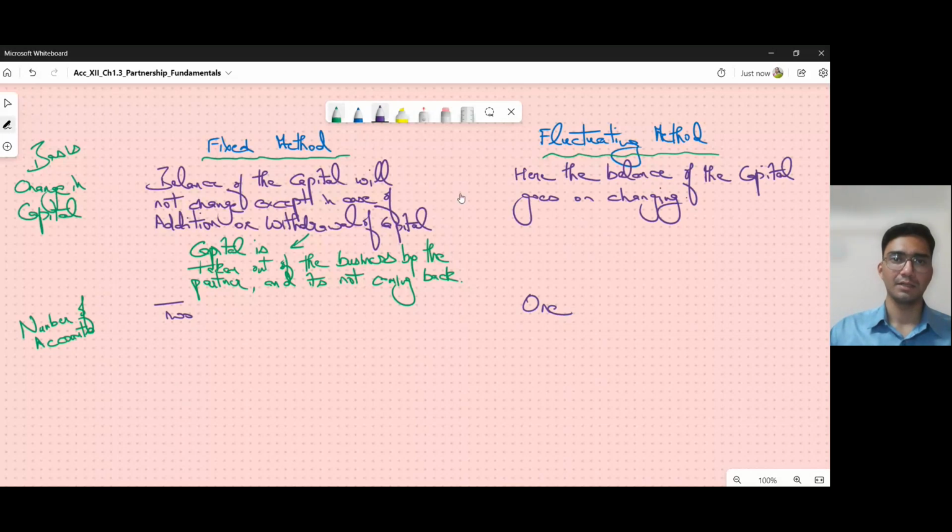All right. The next difference which we can talk about is recording of transactions. Recording means noting down your transactions. So where do we note down our transactions?